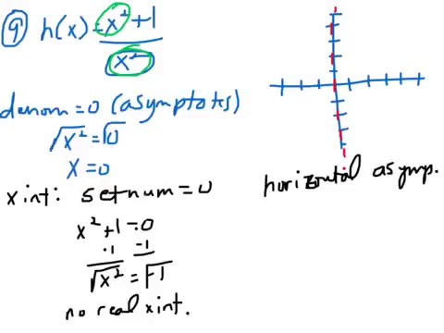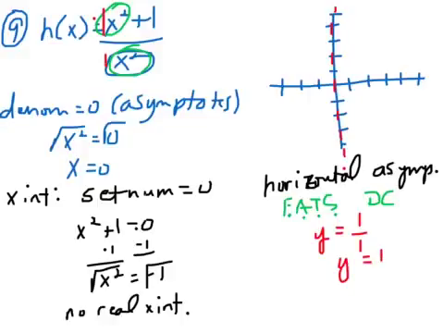They're both 2's. So if I'm thinking Bobo Botten eats DC, this is an eats DC. Exponents are the same, and the DC part stands for divide the coefficients. Well, what are the coefficients up there? Well, both of these numbers have an invisible 1 out front. So it's y equals 1 over 1, which is y equals 1. So I'll have a horizontal asymptote at y equals 1.